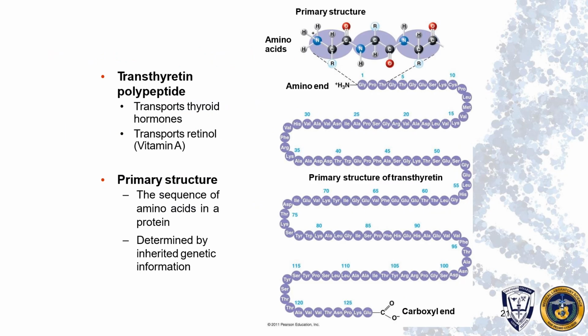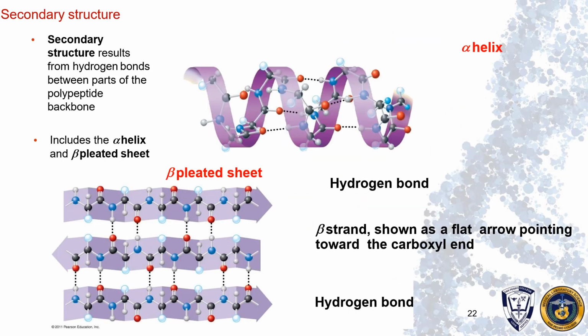We have here an example of a primary structure, a transthyretin polypeptide. It is the sequence of amino acids in a protein, determined by inherited genetic information. Secondary structure results from hydrogen bonds between parts of the polypeptide backbone.